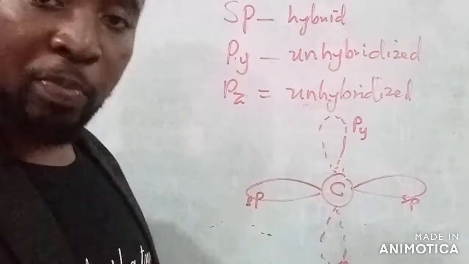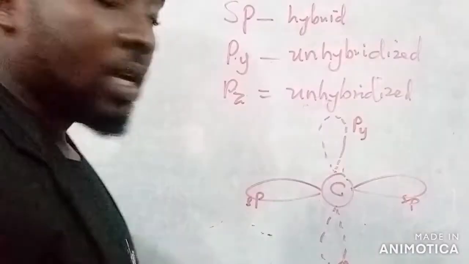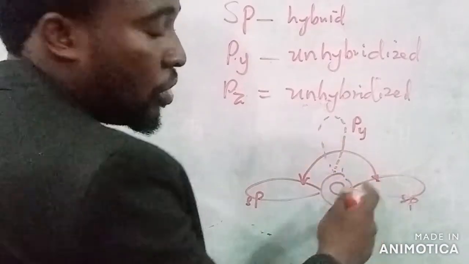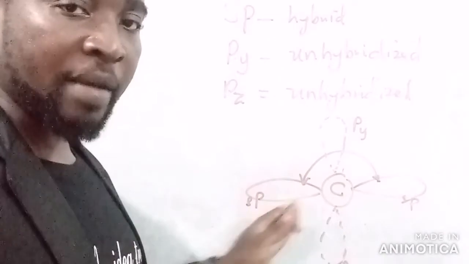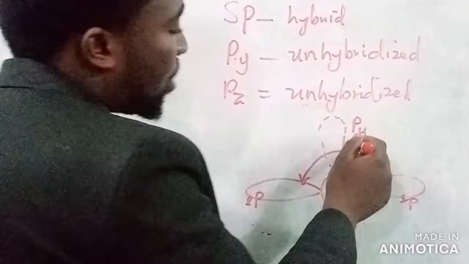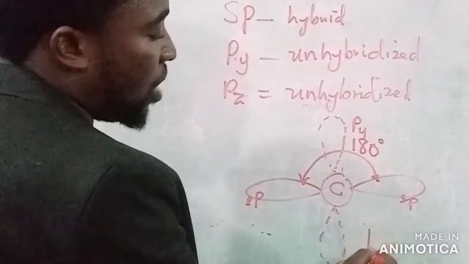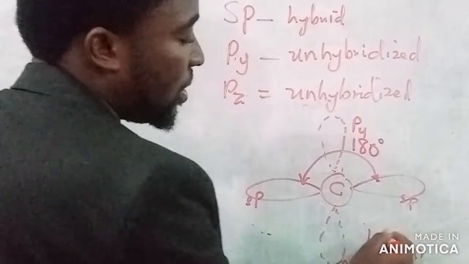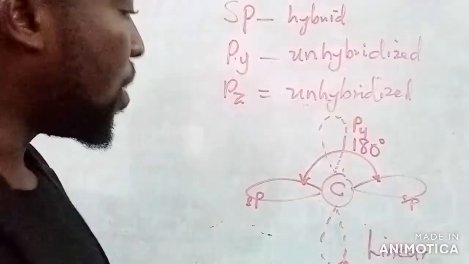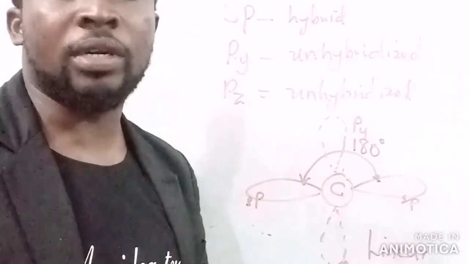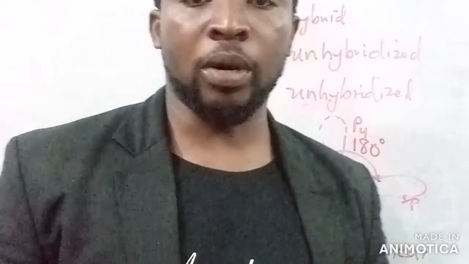But before I show that on the board, I want to tell you that the bond angle between these hybridized parts of the carbon atom, that is the covalent bond formed here, is exactly 180 degrees, and the shape of the molecule is linear. And this type of hybridization is common to the alkynes, and we know that alkynes are unsaturated hydrocarbons characterized by the presence of triple bond.